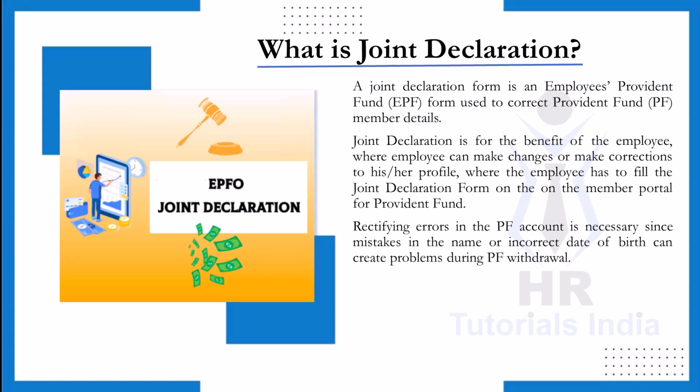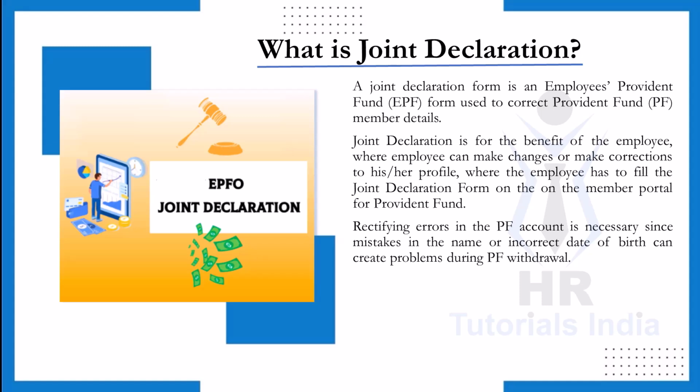So dear friends, the joint declaration form is a benefit given by the EPF department to make corrections in the employee's profile, where employees can make changes in their profile through joint declaration for easing the withdrawal of PF.